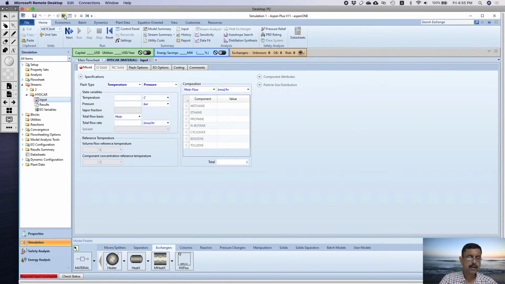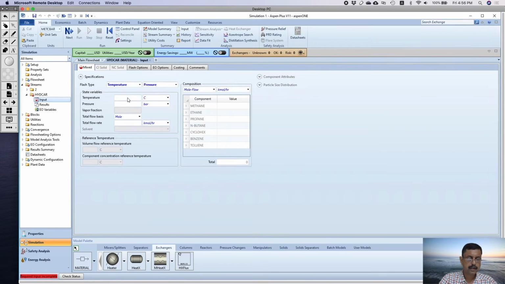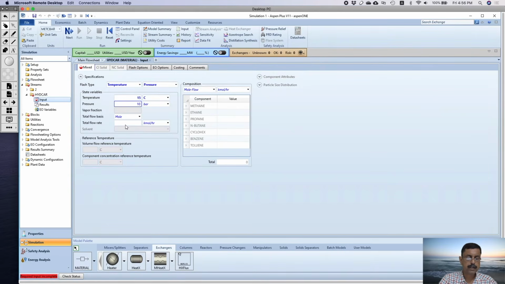So this hydrocarbon inputs we have to give. So what is the temperature and pressure? It is 15 degrees centigrade and 10 bar pressure. And flow rate 100 kilomole per hour. So we write 100 kilomole per hour.